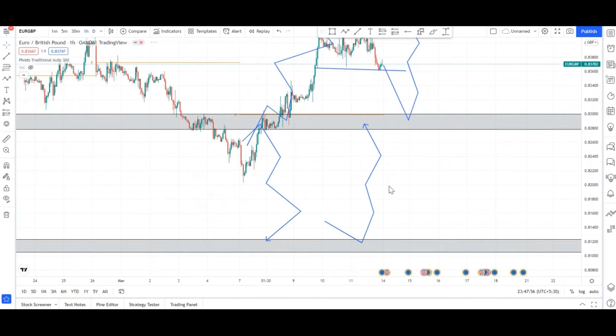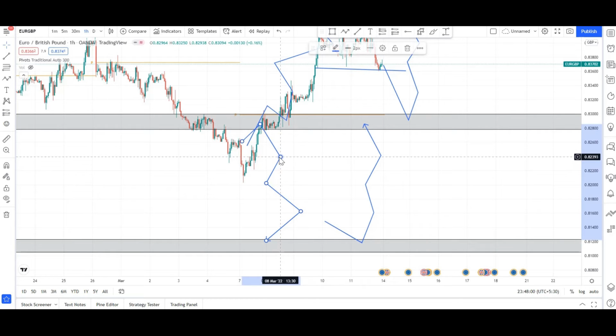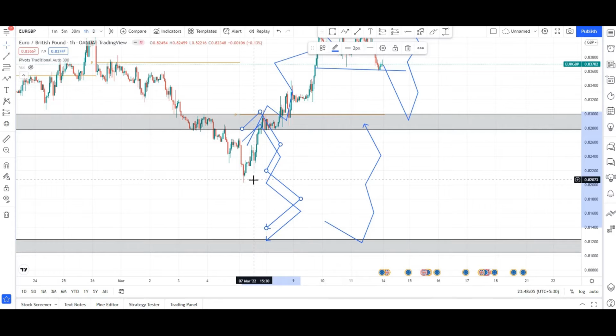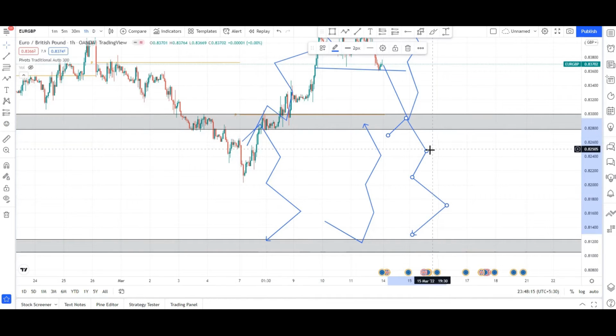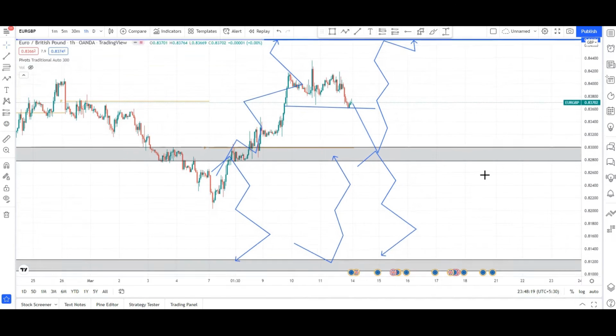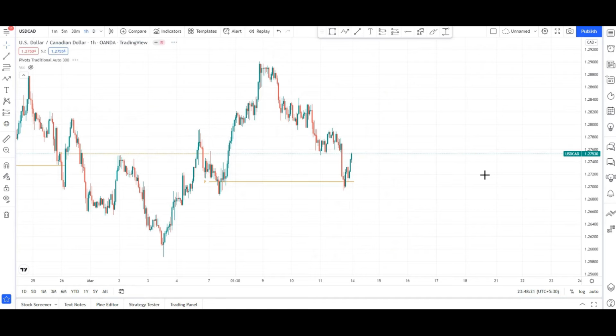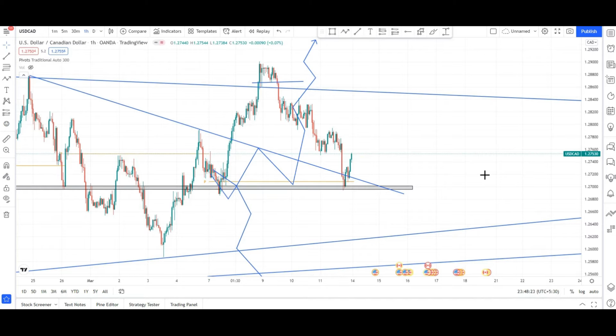If it once again takes a resistance somewhere, then you can see this thing. I will just shift it here, somewhere here. If it takes resistance, then you can easily achieve your first target, second, third and fourth.